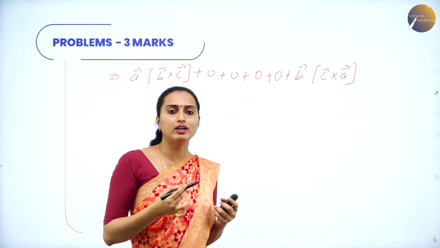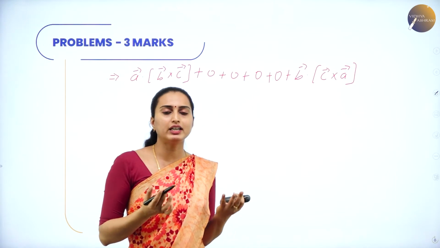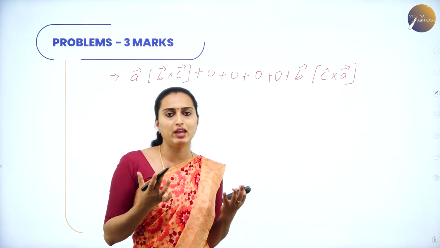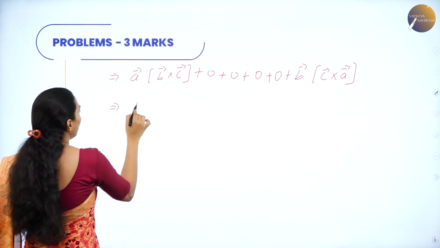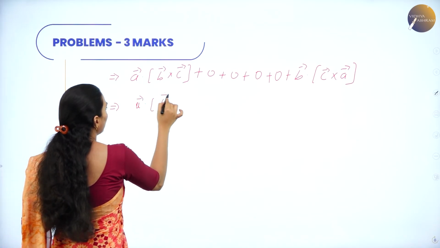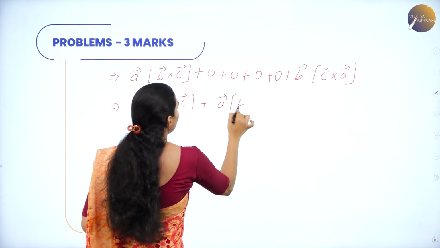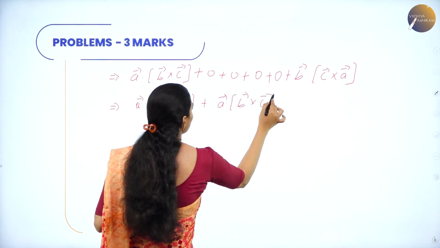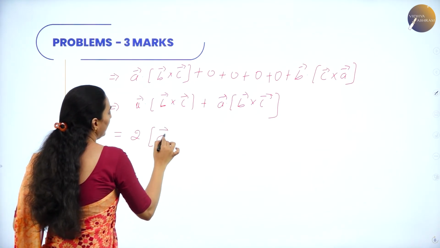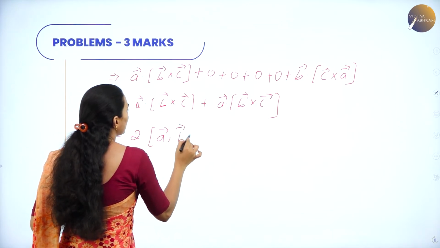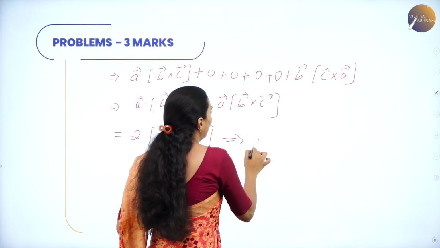Whatever you write, B dot C cross A or A dot A cross B or C dot A cross B, that is the scalar triple product of ABC, just expanding. So, therefore, you can have A dot B cross C plus that also A dot B cross C, which is nothing but 2 times A dot B cross C, which can be written as the scalar triple product of ABC, which is the RHS.